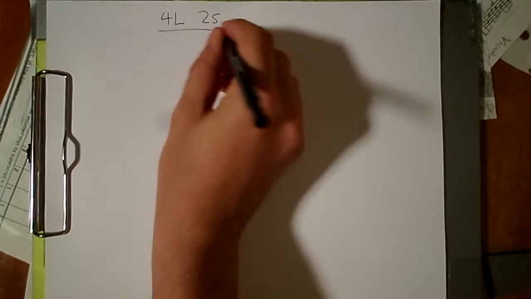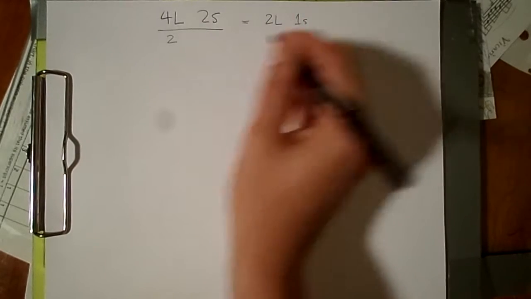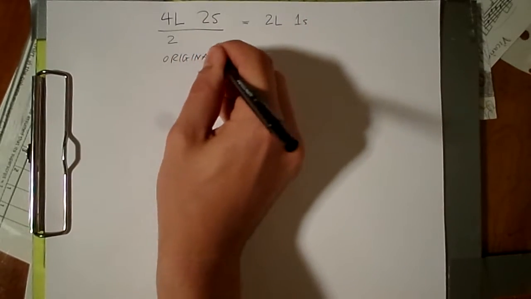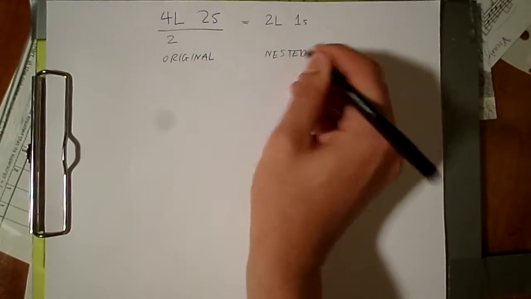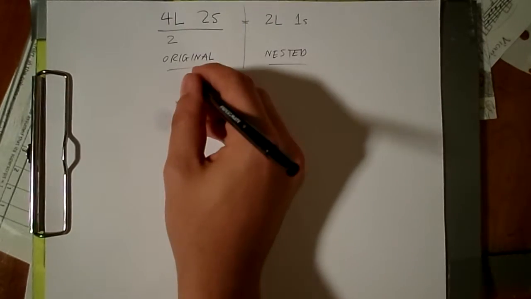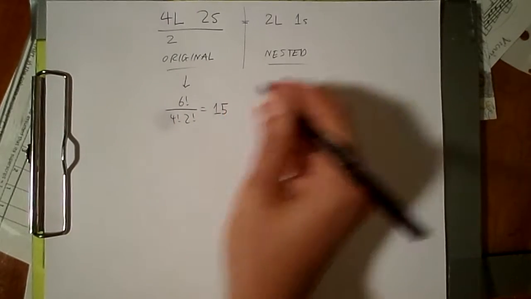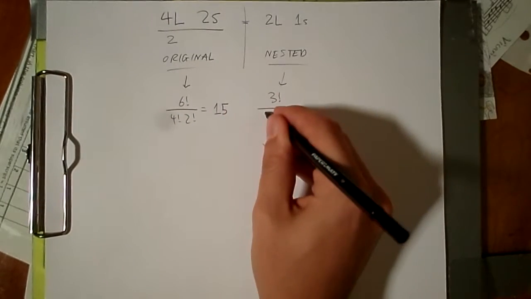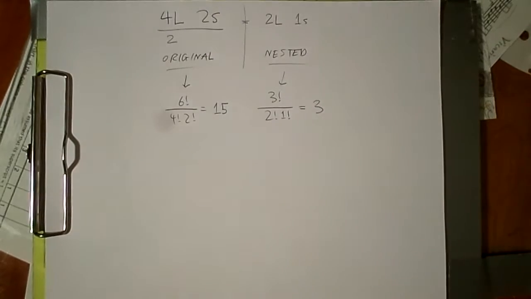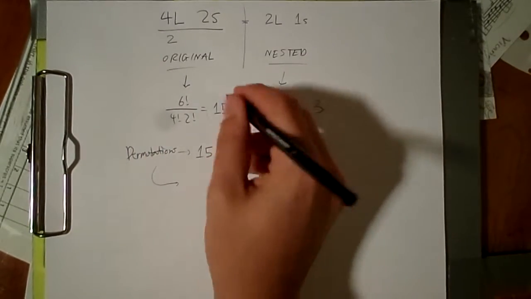If the coefficients have a factor in common, you divide by that factor to find the nested scalar class set. Then we find the number of permutations for both scalar class sets, the original and the nested. We know that the number of permutations of the nested set is equal to the number of permutations that are affected by transpositional symmetry. So now, we subtract the number of permutations affected from the number of permutations total.